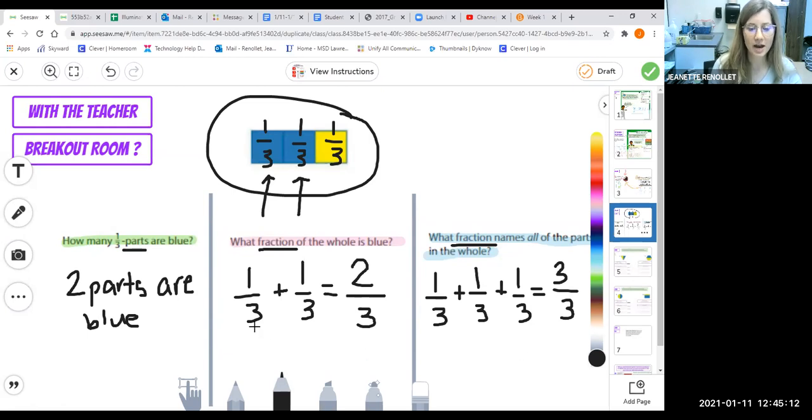Notice how every time you're adding fractions, your denominator will stay the same. All of the denominators are the same. It's only the numerators that you add together, because there's still only 3 parts in the whole. I'm not changing how many parts are in the whole.